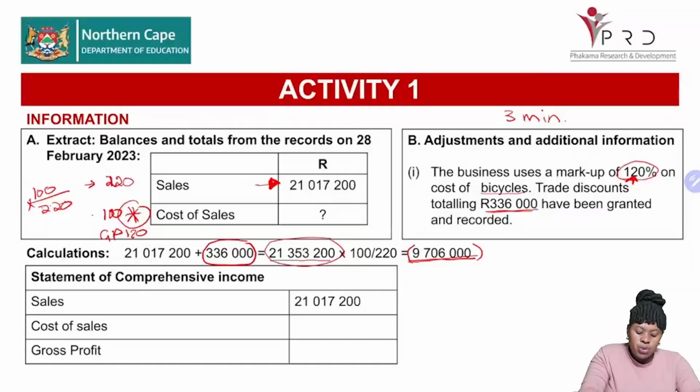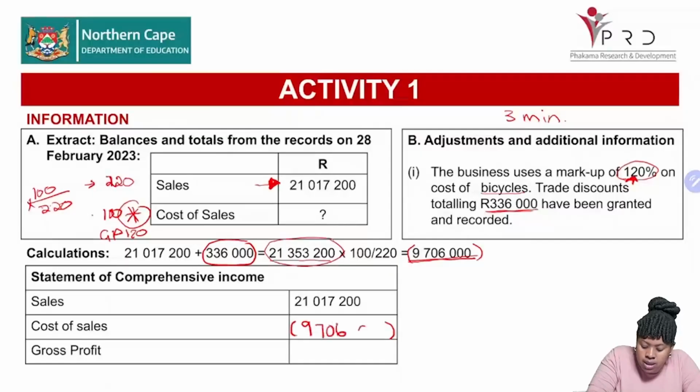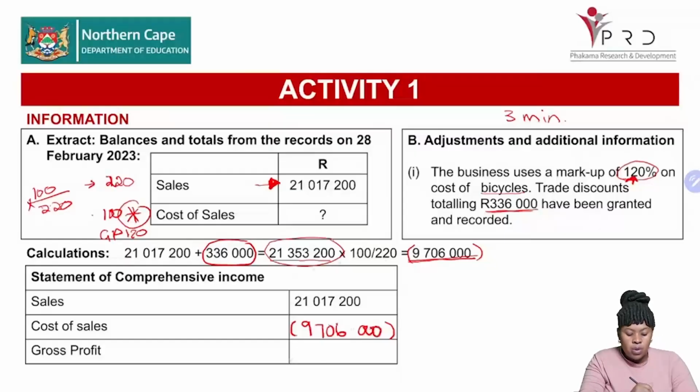Because I know my format, I know that cost of sales must be in brackets, because it's reducing my sales amount so that I can get my gross profit, the profit I've made from selling goods. So I will substitute 9706,000, and then I can calculate my gross profit, because my gross profit is my sales less cost of sales.